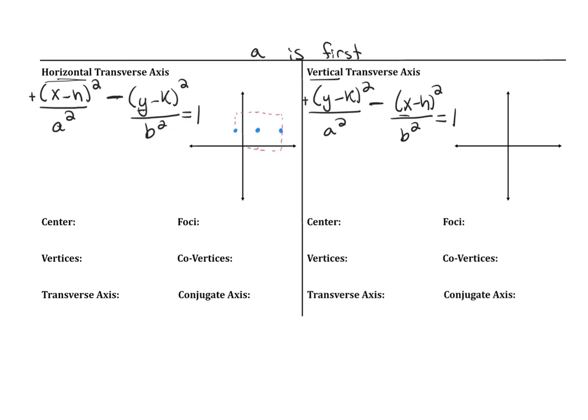Using those co-vertices, we can draw this box, and then the diagonals of this box create these oblique asymptotes. And then here are the vertices, and our graph follows those oblique asymptotes. And then just like our other conic sections, we have foci.